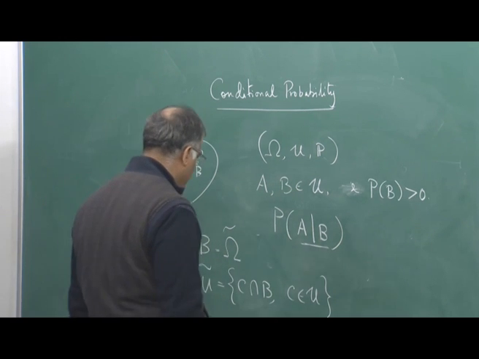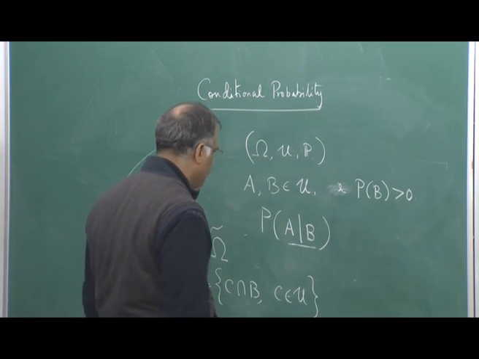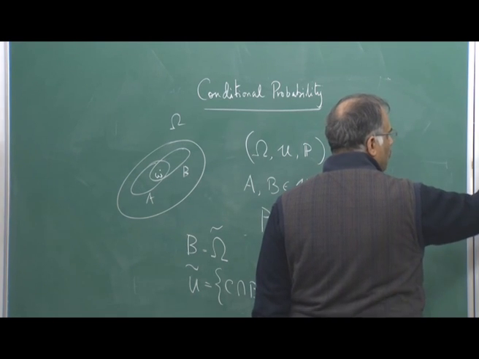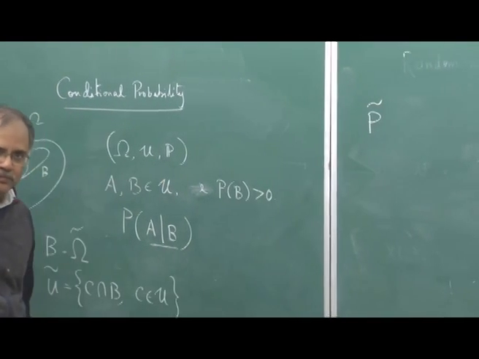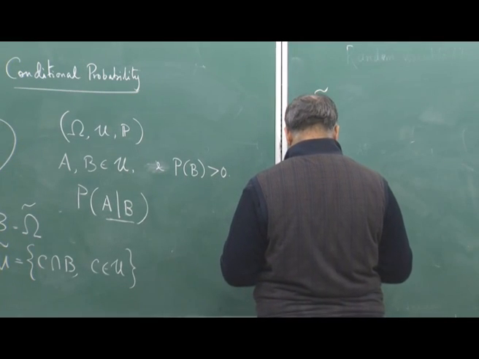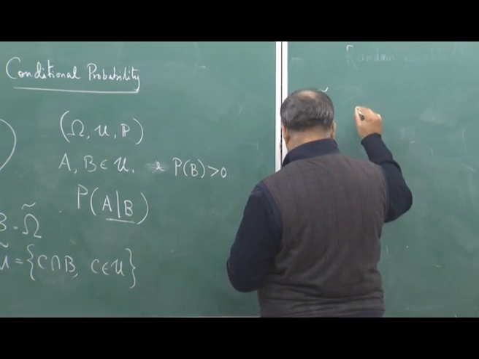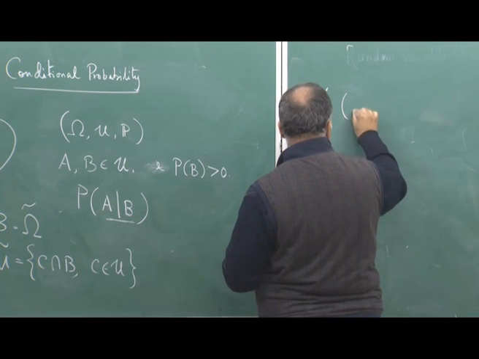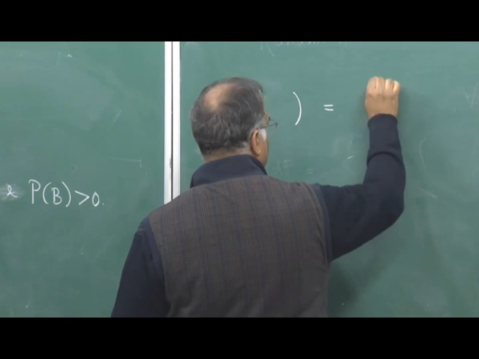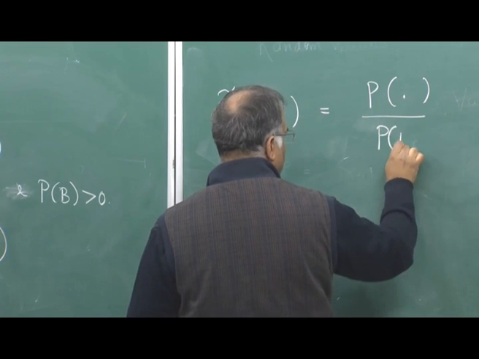Now I define by P tilde the following probability measure. P tilde of... I have to divide by P of B, which I know.